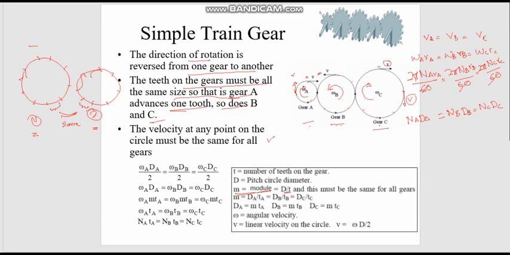The reason this is true is this. If you look at the assumptions we made just now, we are saying that the spacing between the teeth, the pitch of the teeth, must be the same for gears that are connected together, right?